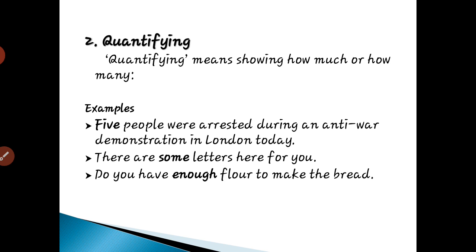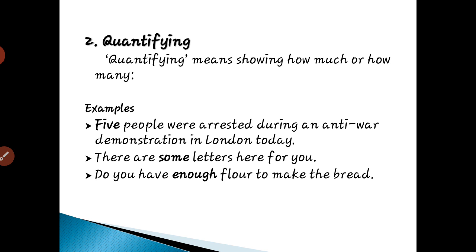That is 5. So here 5 is the quantity of the people, whereas people is the noun and 5 is before this noun. As the word 5 refers to the quantity, it gives more information about that noun, people. So here 5 is a determiner.